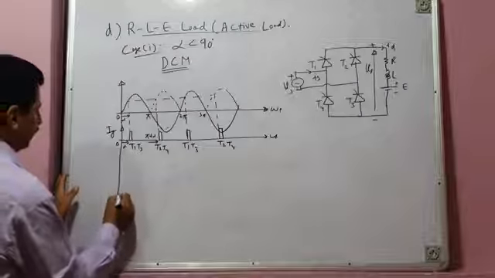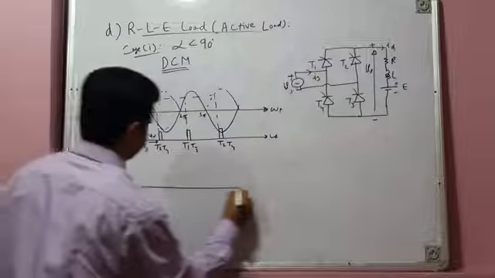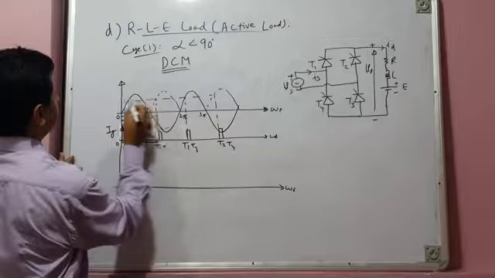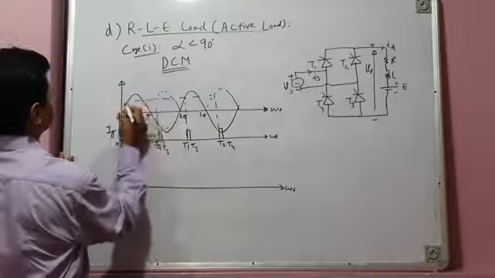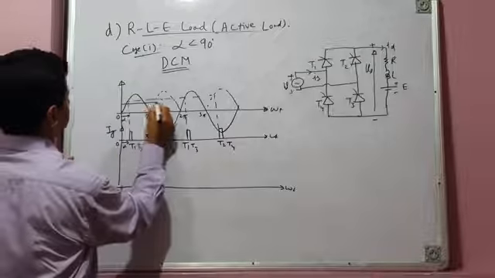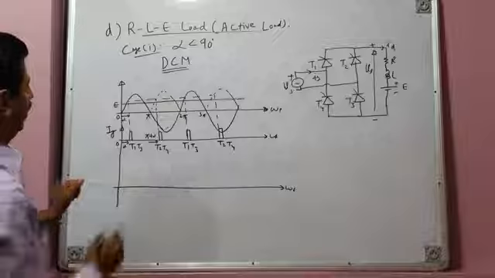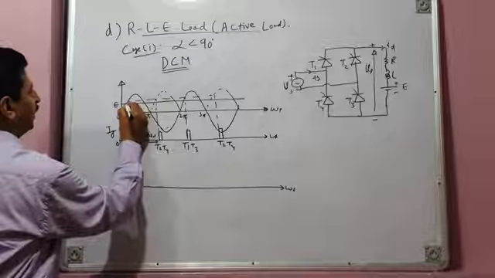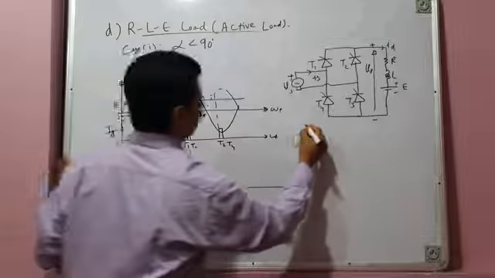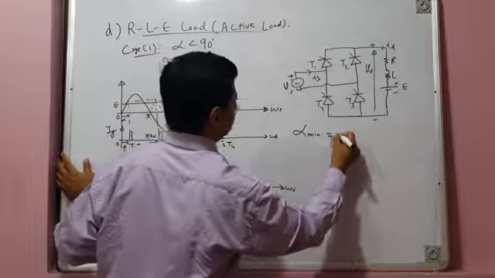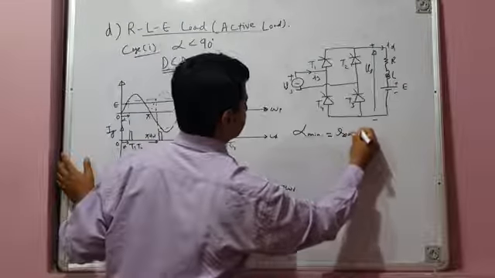Now let us show the load voltage waveform and load current waveform. Here again, we assume this is E, the EMF of the load, and this is alpha min. As you know, alpha min, the minimum firing angle or minimum delay angle, is equal to sine inverse E by Vm.